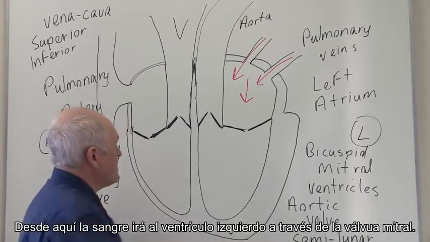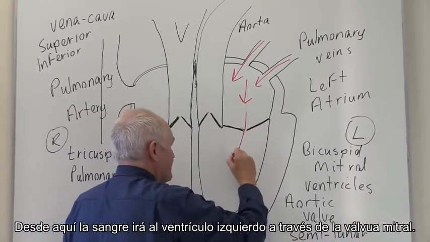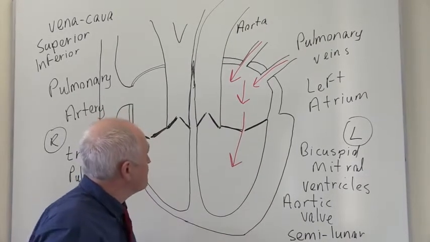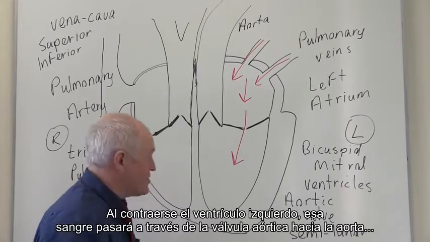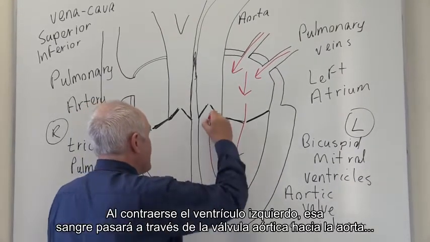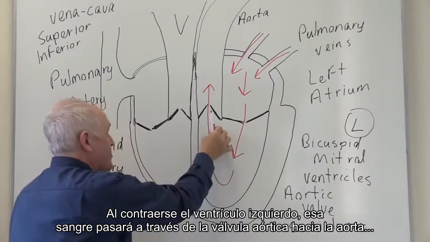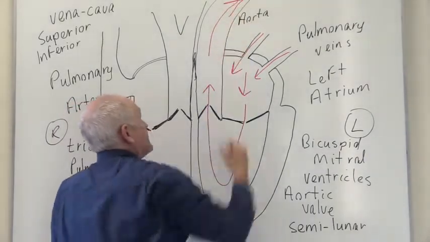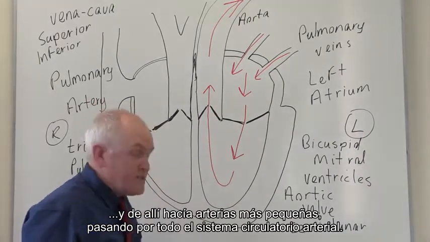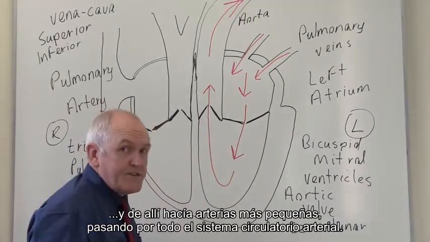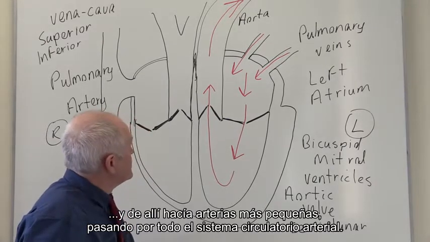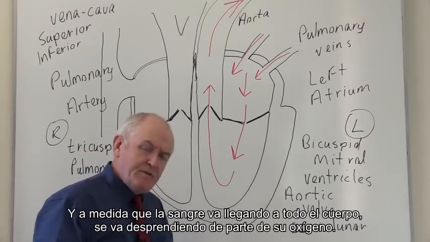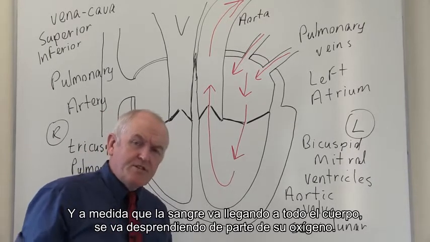From here, the blood will go through the mitral valve into the left ventricle. When the left ventricle contracts, that blood will be ejected through the aortic semilunar valve into the aorta, from there into smaller arteries, perfusing all of the systemic arterial circulation. And then as the blood goes around the tissues of the body, it's going to give up some of its oxygen.